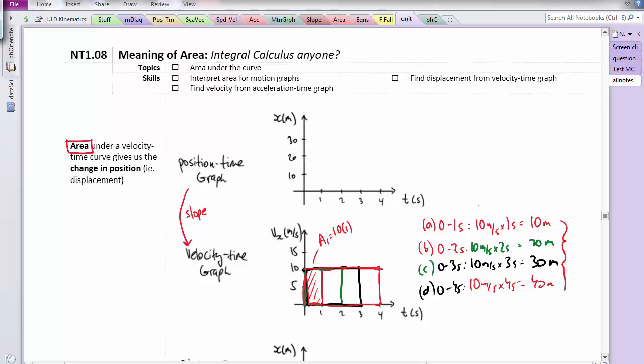Here we're calculating the area, and what we essentially get is the displacement. So we can plot this. In the first 1 second, we displaced 10 meters. Between 0 and 2, we displaced 20. Between 0 and 3, 30. And between 0 and 4, 40.